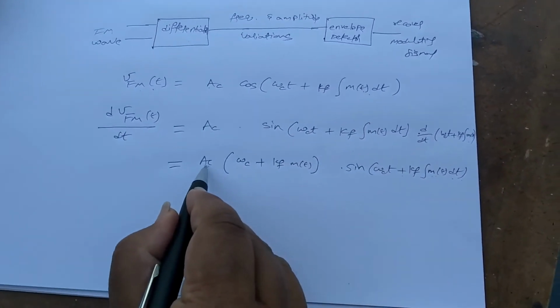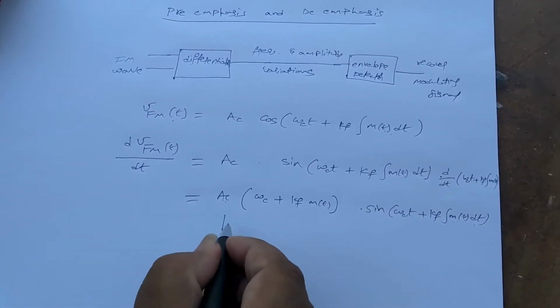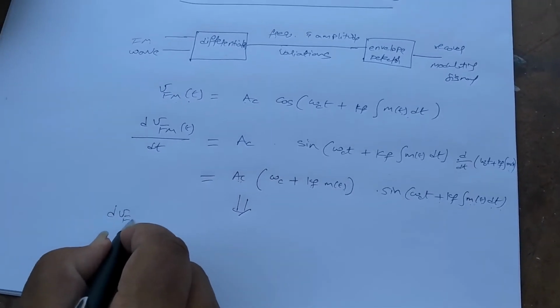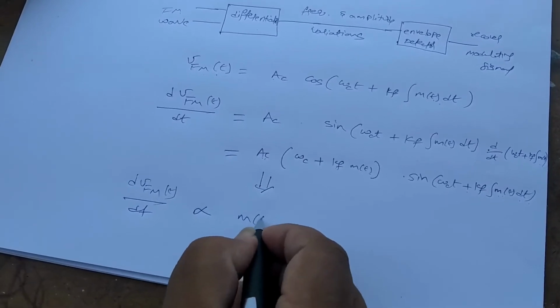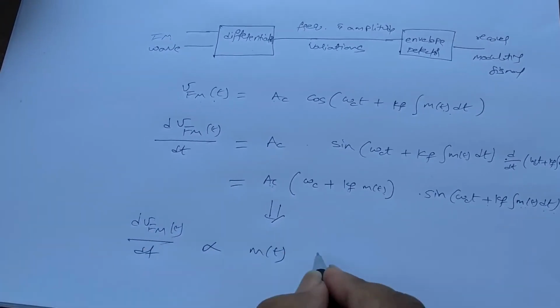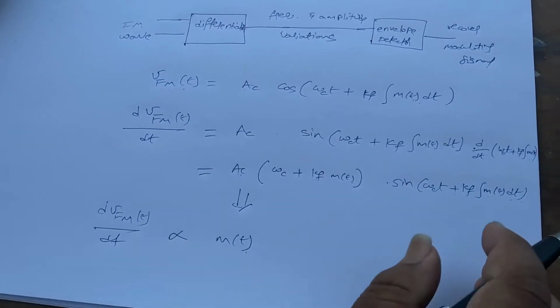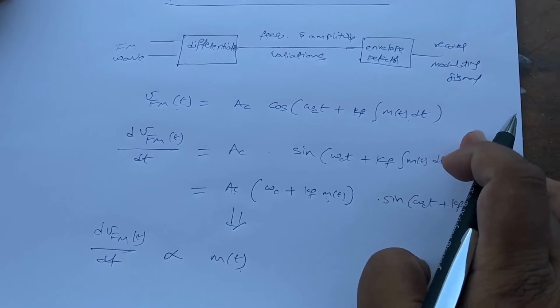Now it is varying as A_c plus k_f m(t). From these equations we can conclude that dV_FM(t)/dt is proportional to m(t), that means the amplitude is proportional to m(t). So dV_FM(t)/dt is represented in terms of the amplitude as well as m(t).